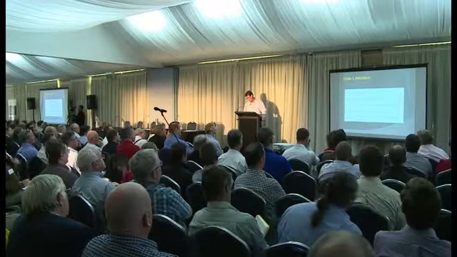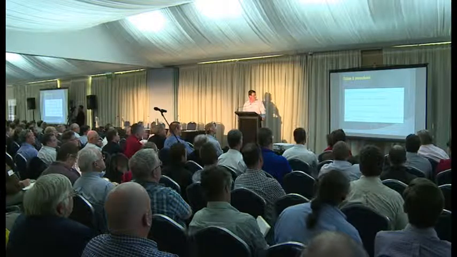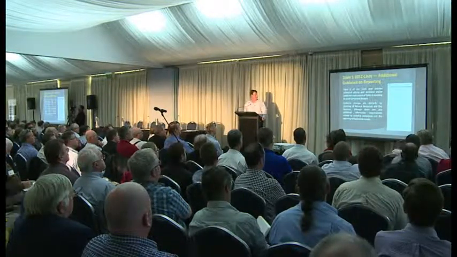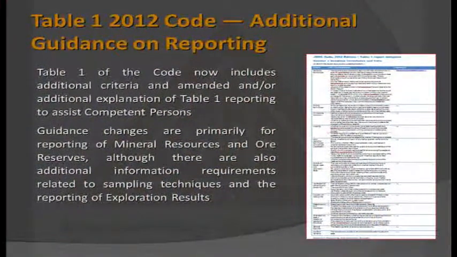Likewise, for reserves. There's additional criteria within the table as well as guidance, so it's been expanded considerably, although the intention is not that you can read what's put on the screen. Where there's red lettering there in the screen is additions to the guidance.